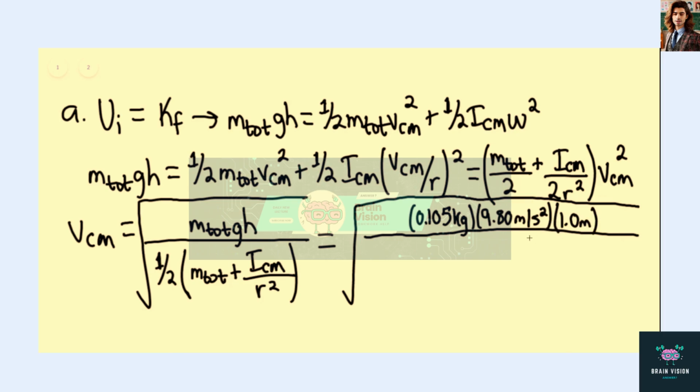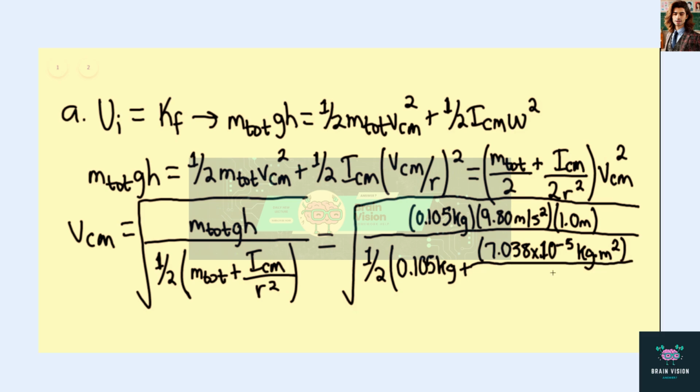And this would be divided by 1/2 times the total mass of 0.105 kilograms plus 7.038 times 10 to the -5th kilograms meters squared, and then this would be divided by 5.0 times 10 to the negative third meters quantity squared.